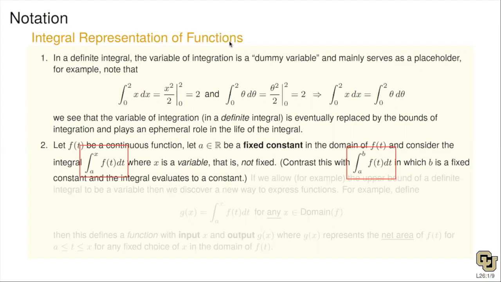This definite integral from a to b is itself a constant. a is a constant, b is a constant. When we evaluate this integral, it'll give us the net area. However, this integral from a to x of f of t dt is going to give us something with the variable x in it.